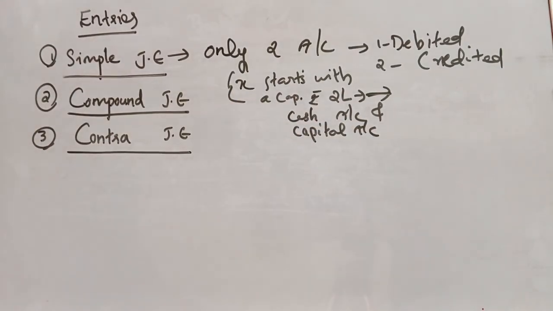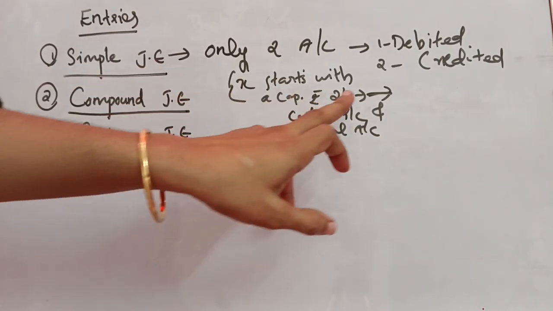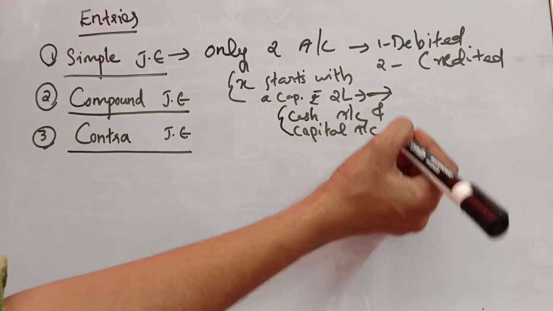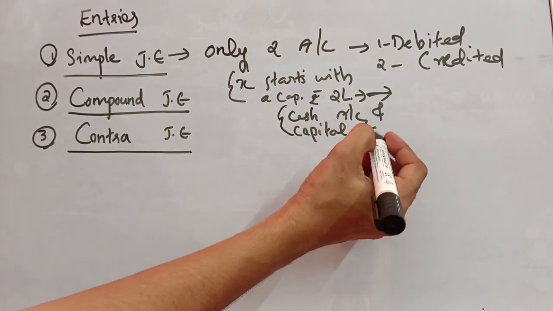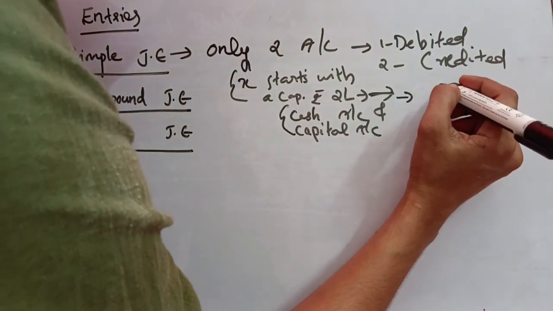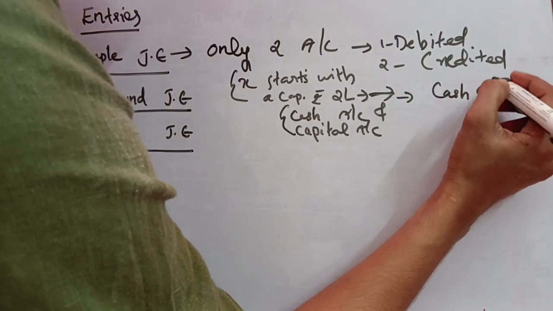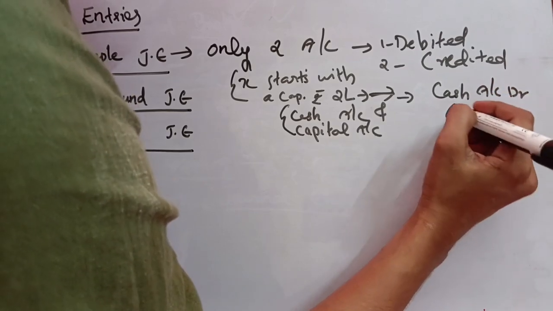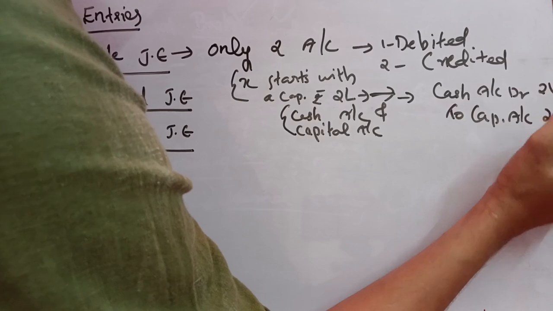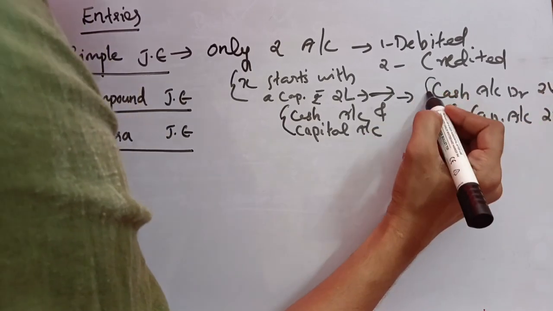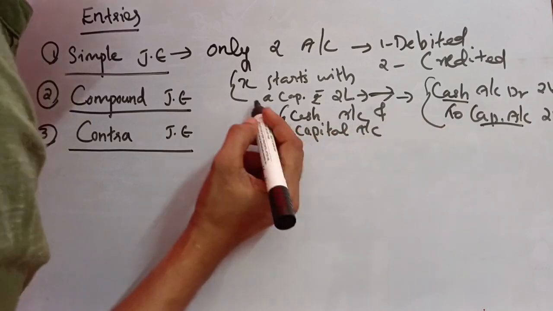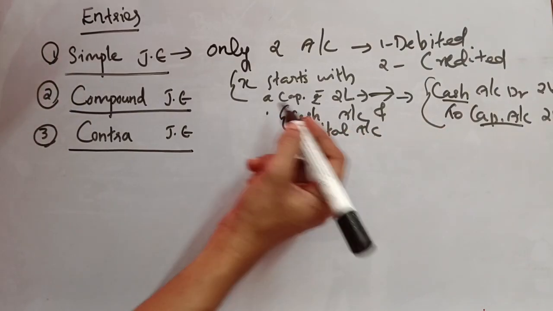X's contribution to the business is rupees 2 lakh as his capital. So the accounts involved in this transaction are the cash account and the capital account. The entry in the business will be: cash account debit to capital account, rupees 2 lakh. Only two accounts are involved in this kind of transaction.